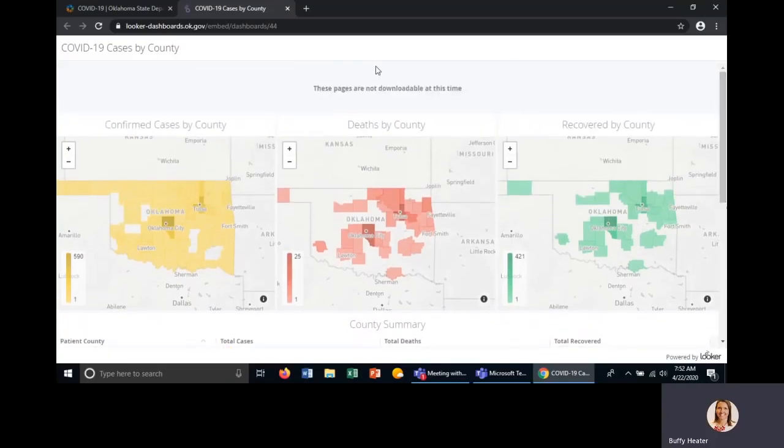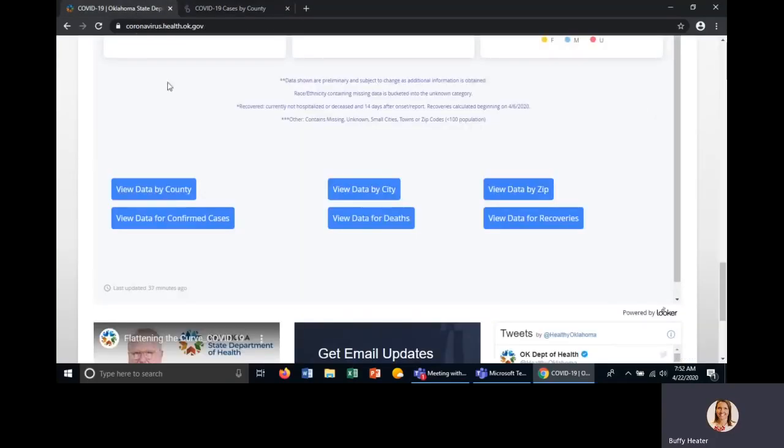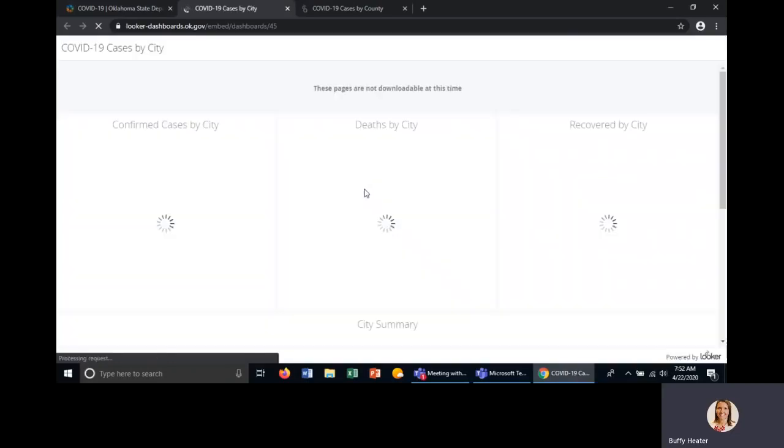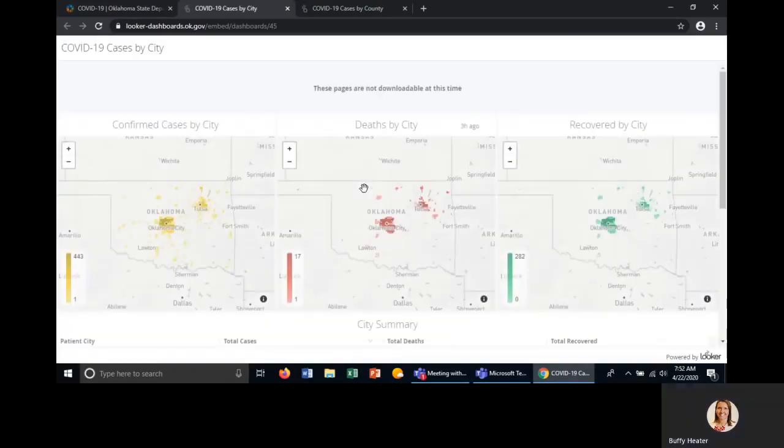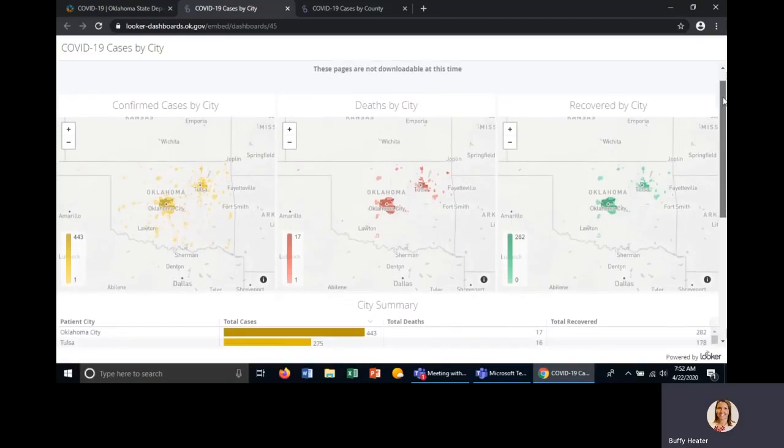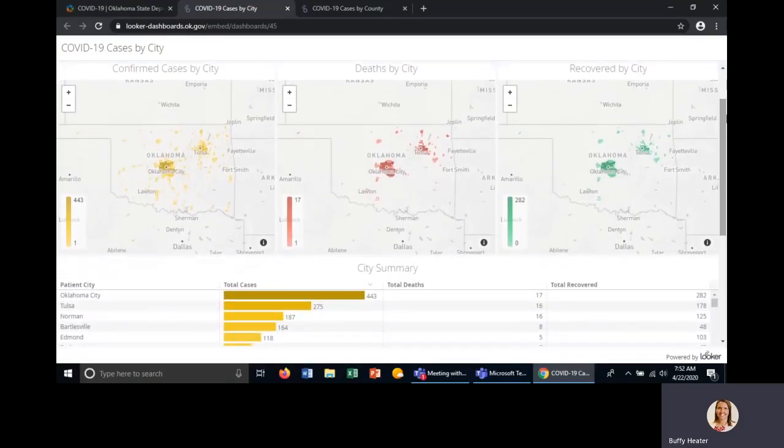If we navigate back out to the main page, similar views are available on a city level as well as a zip code level. So if we click on data by city, you will see the same organization of the cases by city dashboard. Here you have those same maps of confirmed cases by city in gold, deaths by city in red, and recovered by city in green.